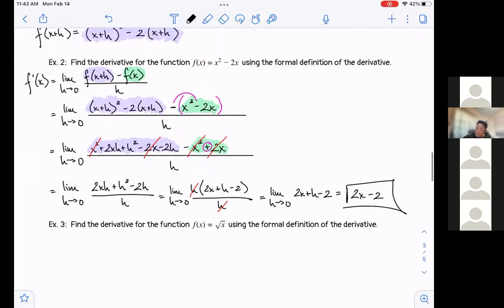Okay. And so if we were to summarize in words what this is saying, this says that the derivative of x squared minus 2x is 2x minus 2.